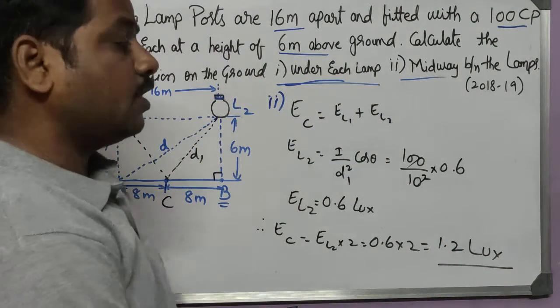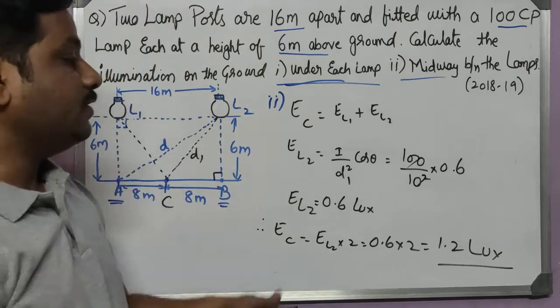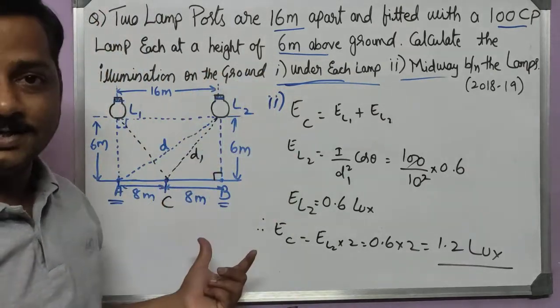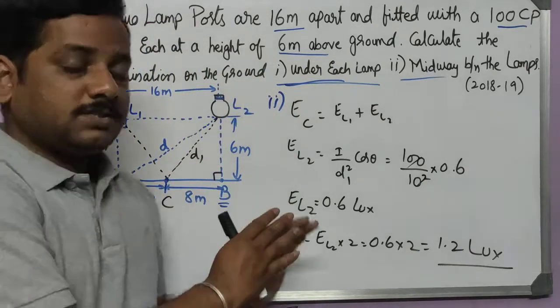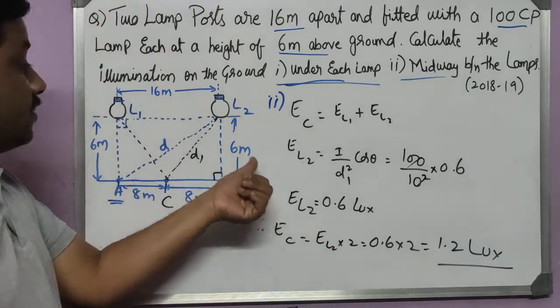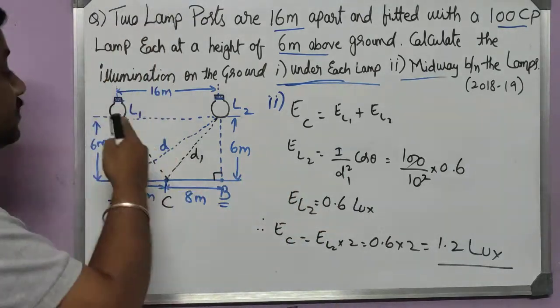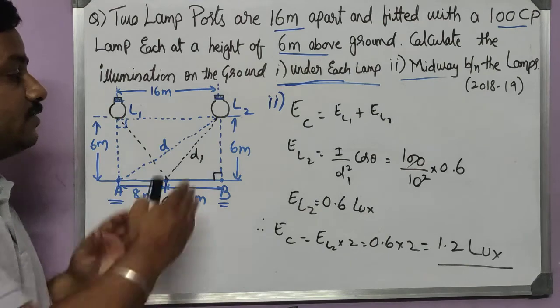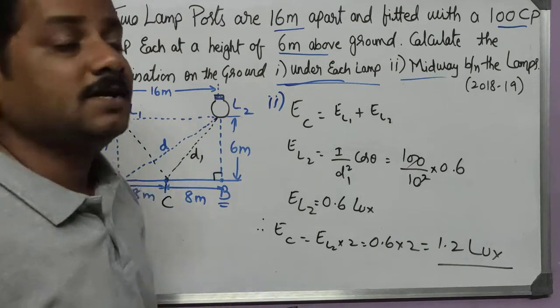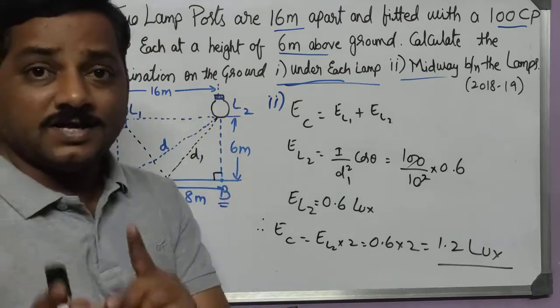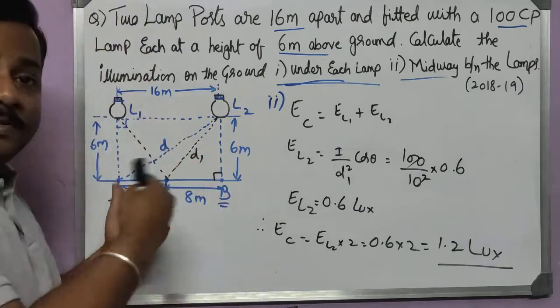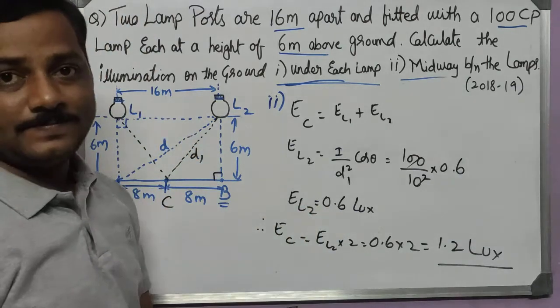This is how we can identify the values by looking into the conditions. Here this is very simple because we are not going to calculate EL1, since both lamps have the same capacity.